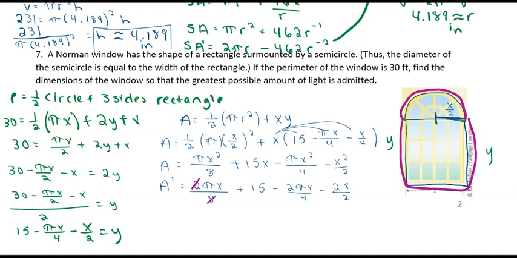This 2 over 8 can become 1 over 4. 2 over 4 can become 1 over 2. And 2 over 2, that can cancel. So let's try again. So A prime, our derivative, looks like it is equal to pi x over 4 plus 15 minus pi x over 2 minus x. Take your derivative, set it equal to 0.